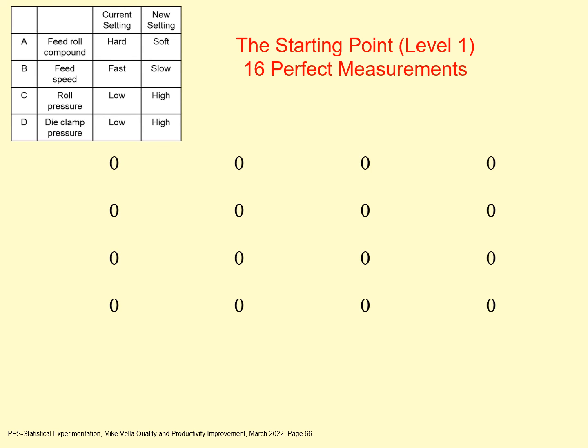So for the purpose of this example, we've started with 16 perfect measurements. And just for reference on the subsequent slides, I've included our little matrix of 4 variables and at 2 settings for us to keep track of things.